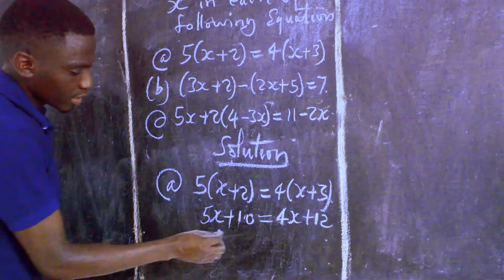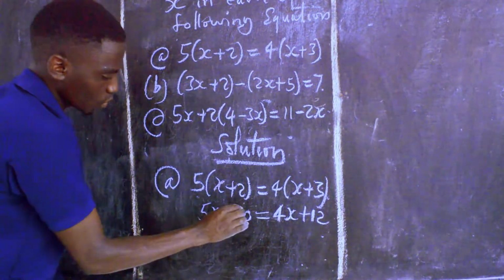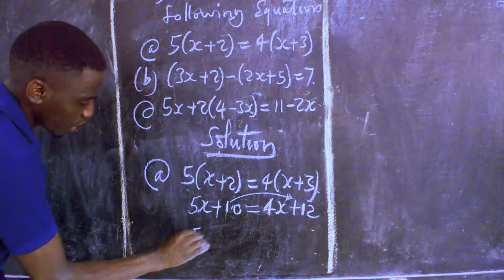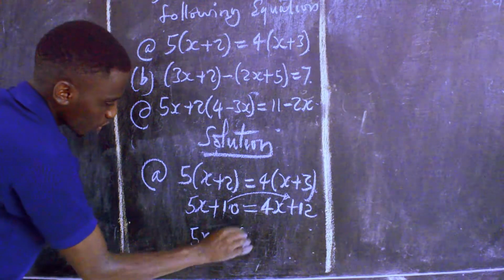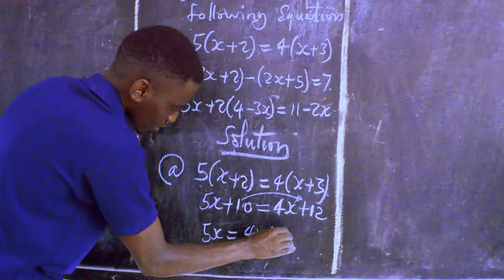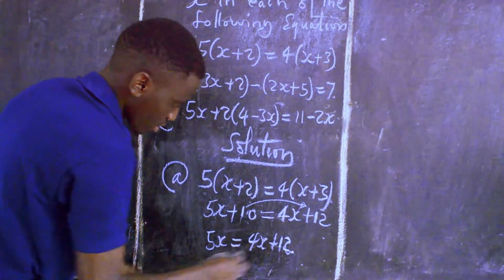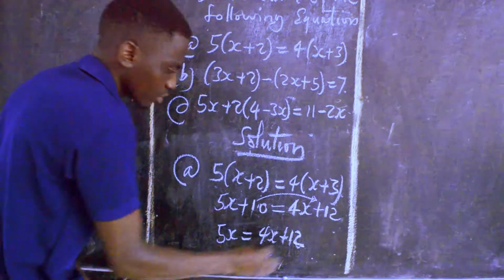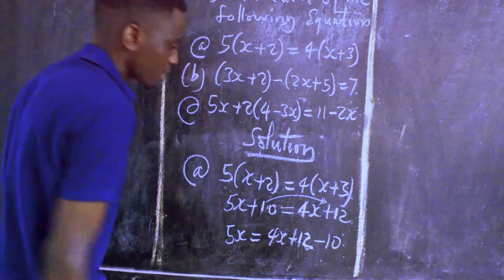So if you see here, this 10 here is positive. So once it comes on this side, it becomes a negative. So it remains 5x is equal to 4x plus 12. This 10, once it comes on this side, becomes a negative, minus 10.